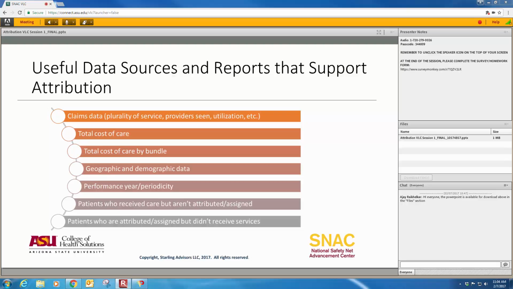These are important to understand because, as we'll see in a second, we're going to talk about a shared savings program that's self-benchmarking, which means that it looks at the costs for a population of patients for a group of providers that have already seen those patients historically, that have a relationship with them.